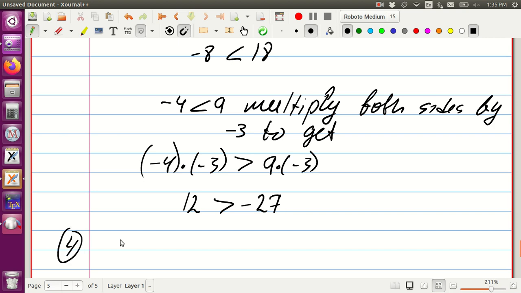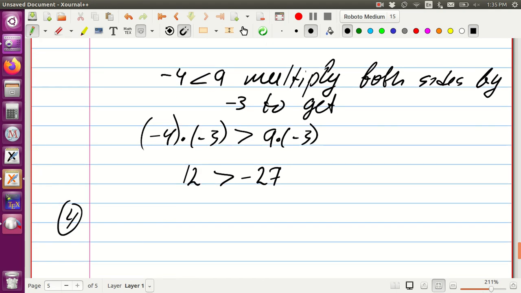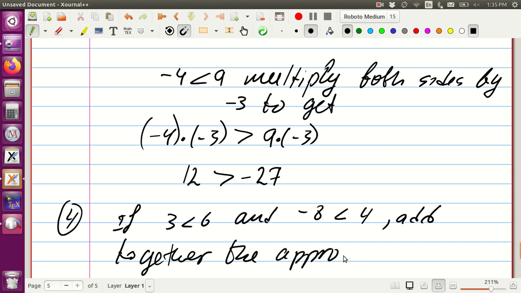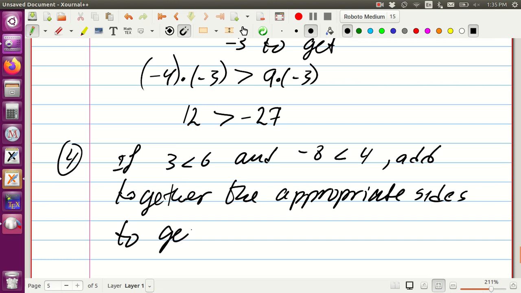Example number 4 says that if 3 is less than 6 and negative 8 is less than 4, we can add together the appropriate sides to get 3 plus negative 8 is less than 6 plus 4.